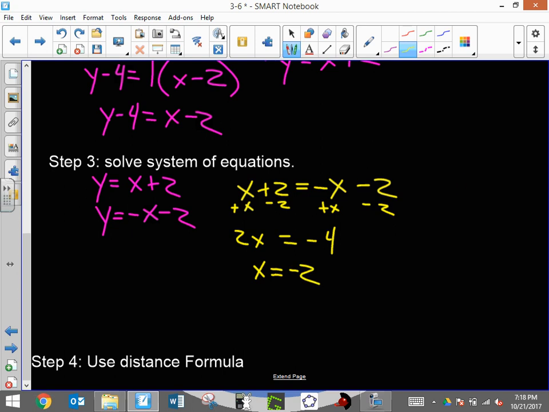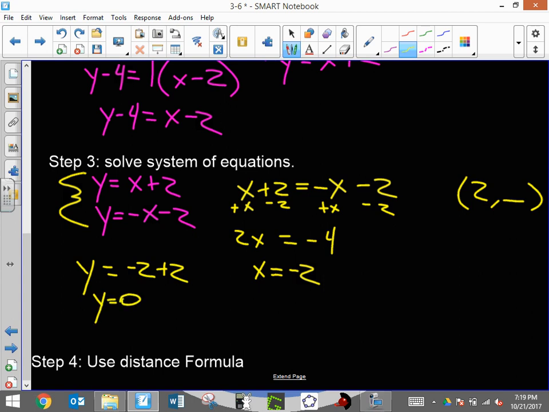So there's the x value of my point. Now I've got to find my y value. My y value, I'm just going to plug into either one of these, because y is equal to them. I'm going to use the top one, it has less negatives, they're both positive. So I'm going to plug it in. So y equals negative 2 plus 2, which comes out to y equaling 0.